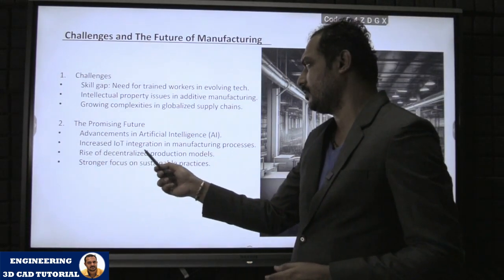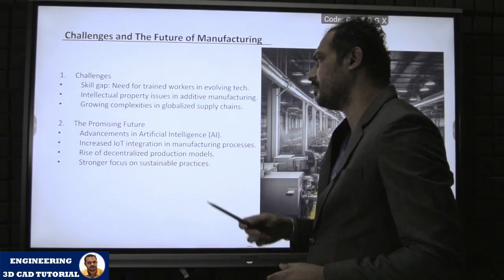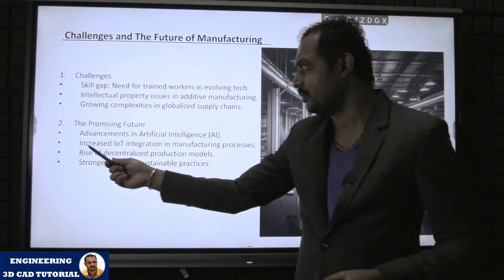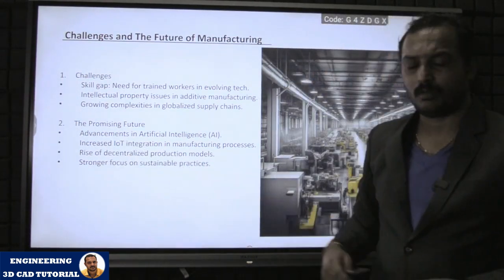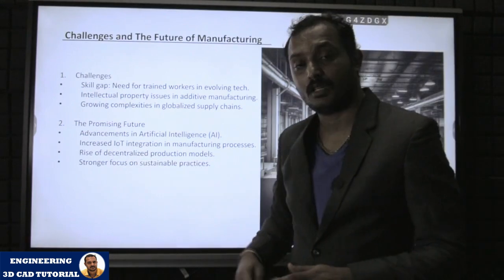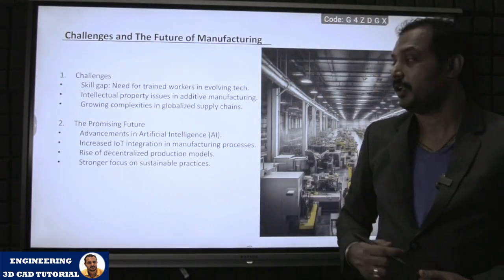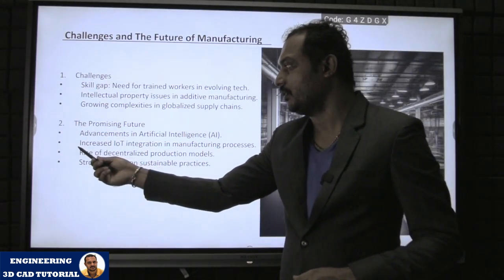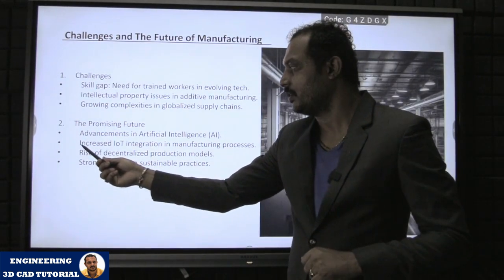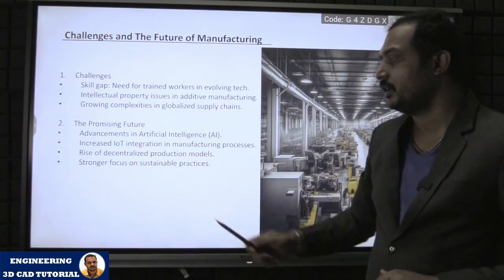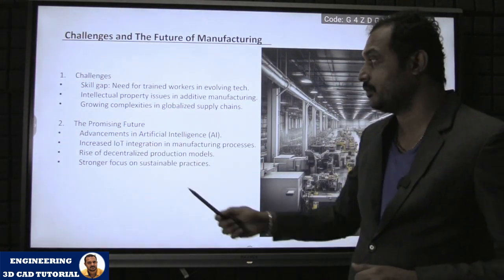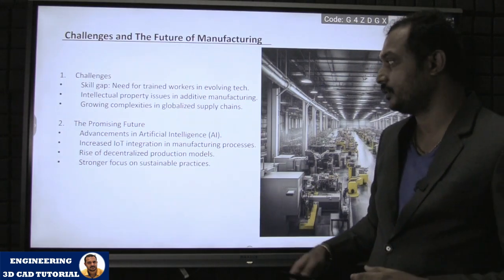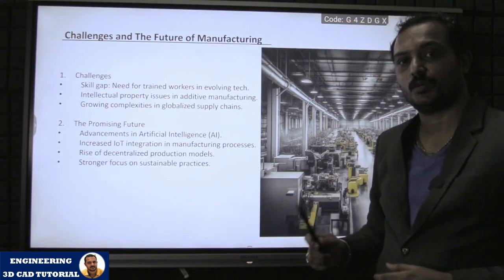Next, increased IoT integration in the manufacturing process. As I told earlier, even though human interaction is not allowed in the Internet of Things in certain cases, someone residing in a rural area can work from home at a distance to support the manufacturing process.